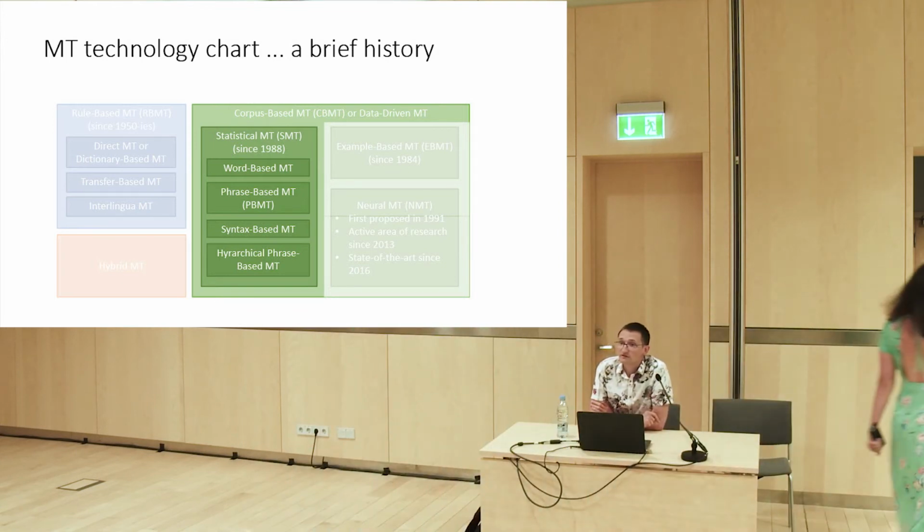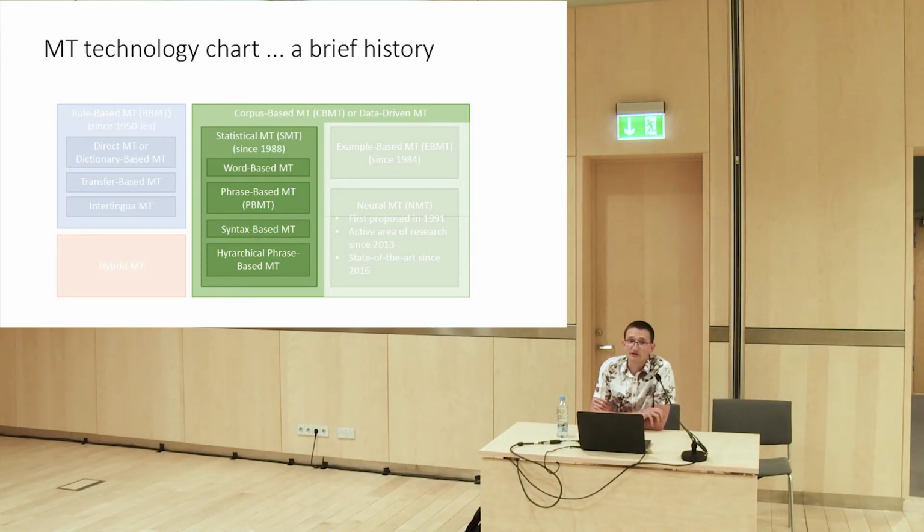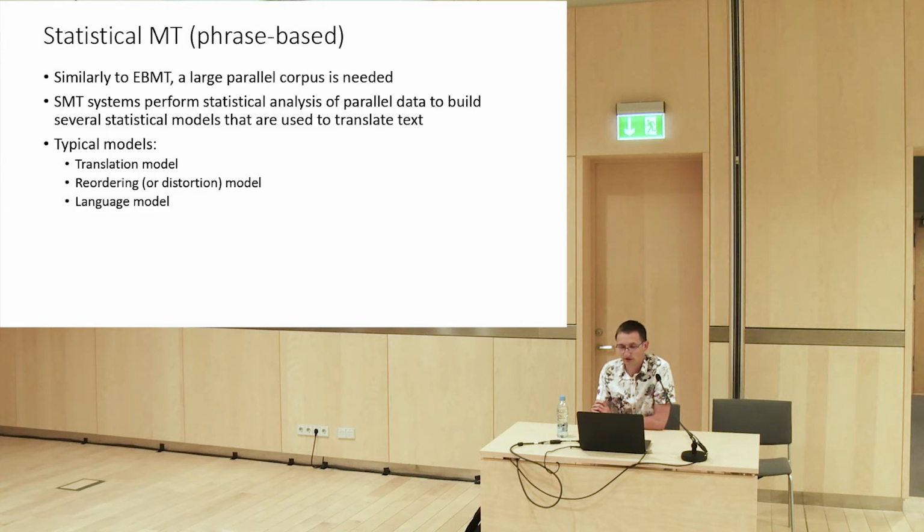All of those methods analyze word occurrences and phrase occurrences in parallel corpora. So we'll look at how phrase-based machine translation works. We won't look at the other methods, but you'll get an understanding of how statistical MT works with this example.